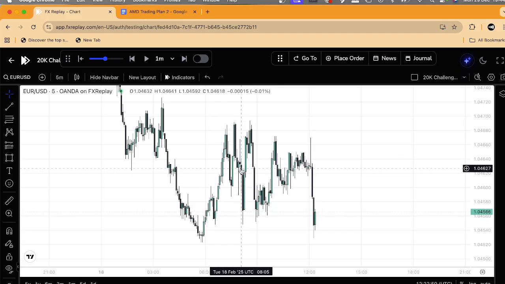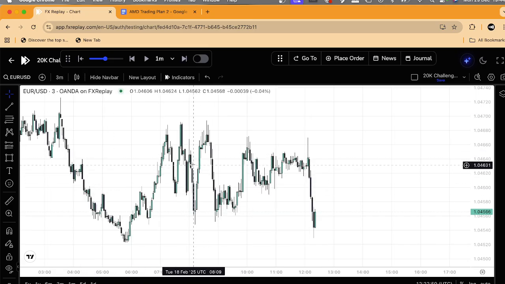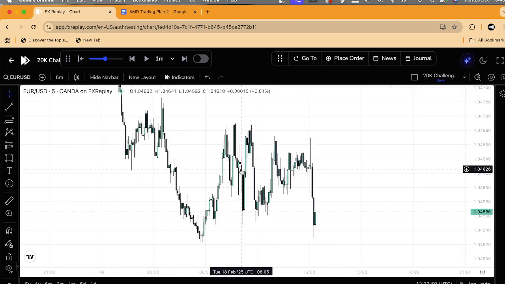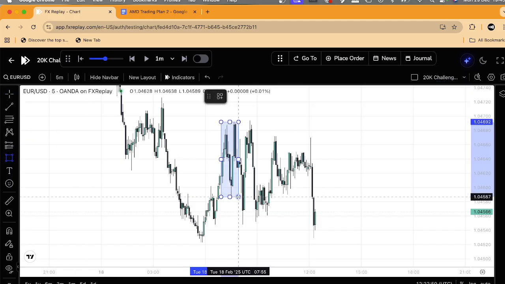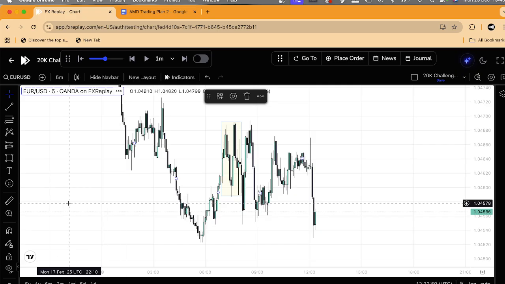The only gap that made sense, or maybe this 3 minute, but we would have had to take it all the way up there. The only gap that makes sense is deep within the range. Remember, if this is the range, that's the range.